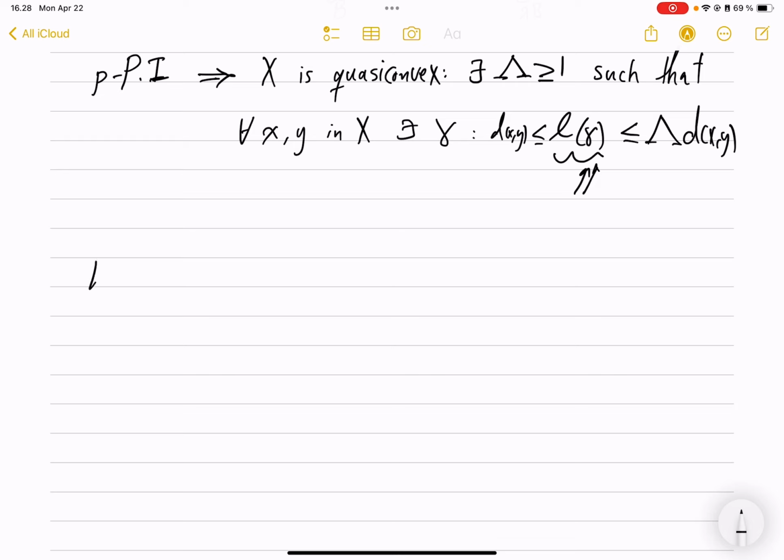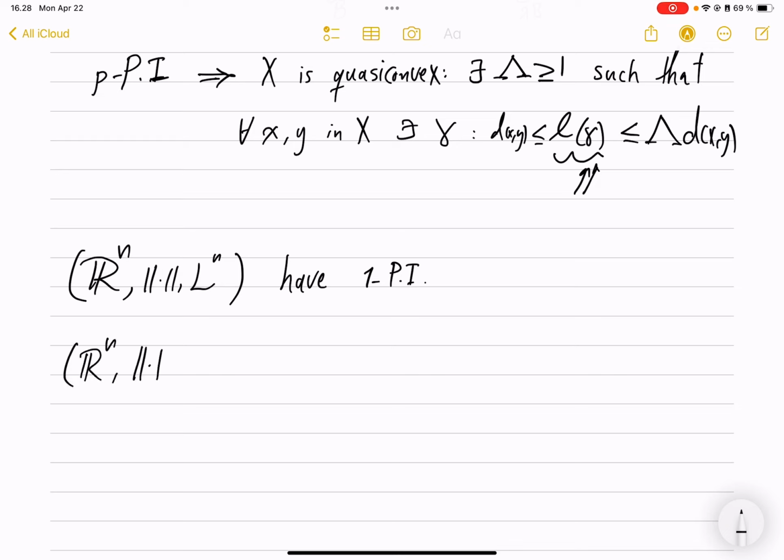On the positive side, R^n with its usual distance and measure has the best Poincare inequality out there, the one Poincare inequality, right? Which means they have p-Poincare for every p, as one is the best. And we have talked before about Muckenhoupt weights.